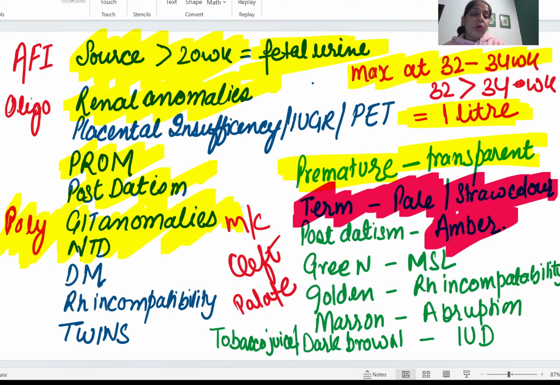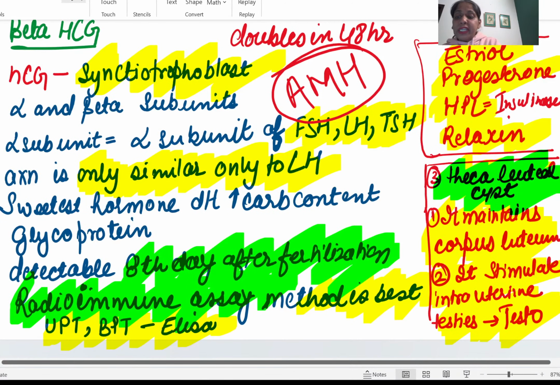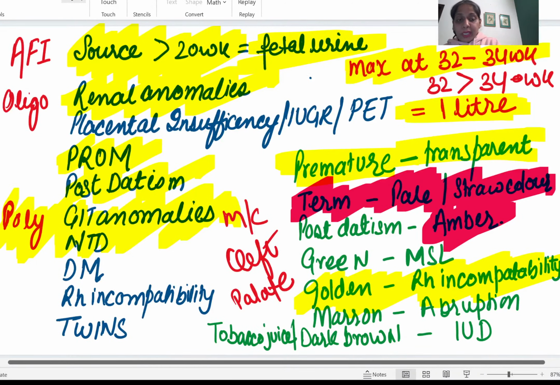So golden color or yellow color amniotic fluid is found in RH incompatibility. Maroon or red color amniotic fluid is found in abruption, and dark brown colored amniotic fluid is found in IUD. You just focus on green color, term color and golden color, that is sufficient.